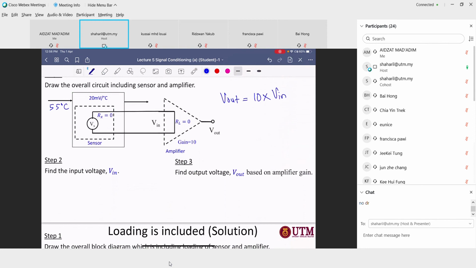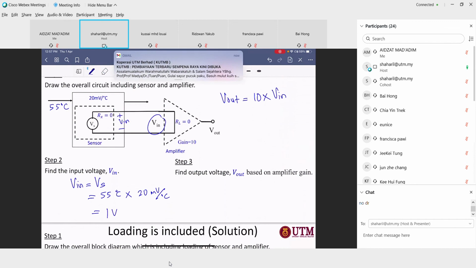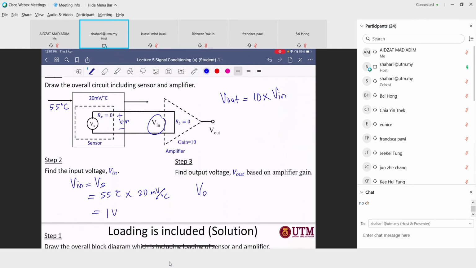Now how to find the V in? V in equals Vs, because there is no resistance, so we can straight away get V in equal to Vs. What is the value of Vs? It is 55 degree times 20 millivolt per degree, which gives 1 volt. So V out equals 10 times 1 volt, equal to 10 volt.